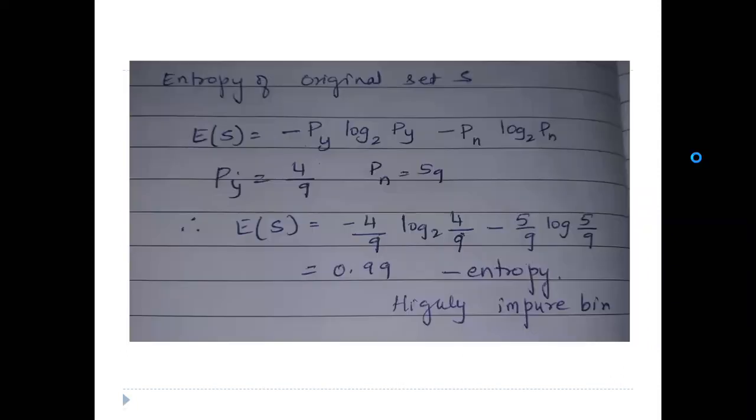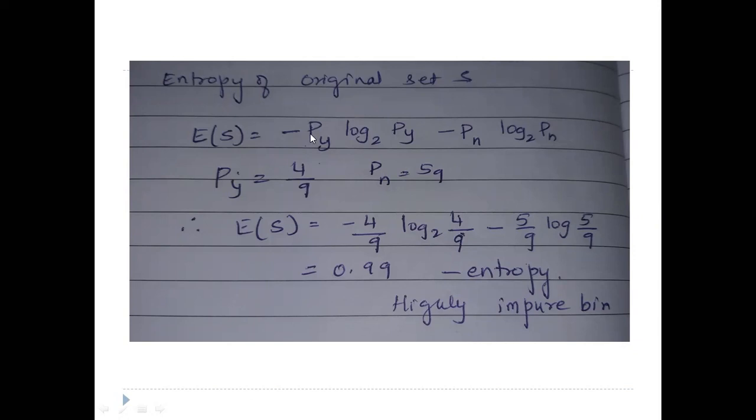Now we are calculating it for the original set S. P of Y is 4 by 9. P of N is 5 by 9.